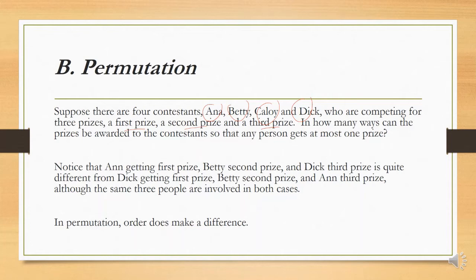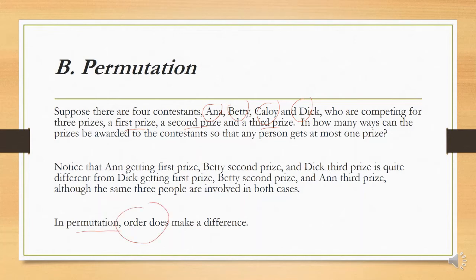Sabi sa second paragraph, notice that Anne getting first prize, Betty second prize, and Dick third prize is quite different from Dick getting first prize, Betty second prize, and Anne third prize, although the same 3 people are involved in both cases. So in this case, pag permutation ang pinag-uusapan, order does make a difference.